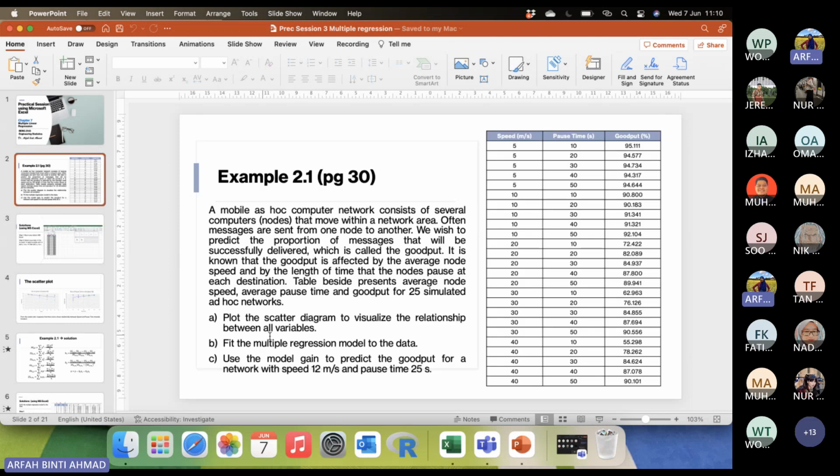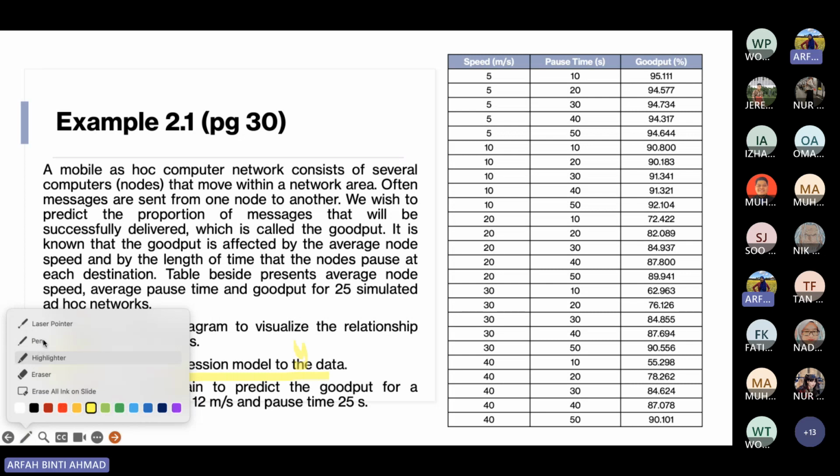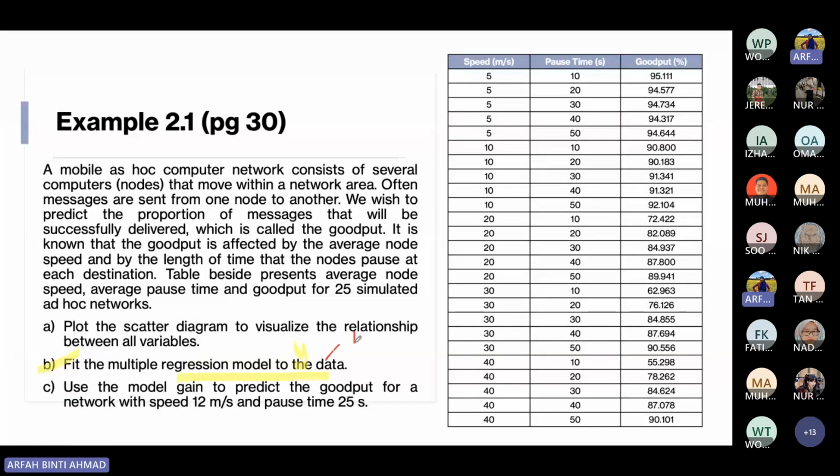So if you refer to the second question, fit the multiple linear regression model. For the second question, we want to find your y equal to a plus b1 x1 plus b2 x2. So there are two ways in here. First, you can calculate using formula.